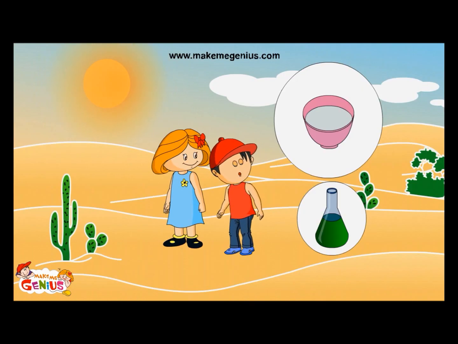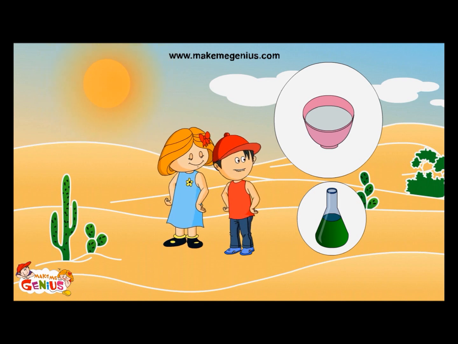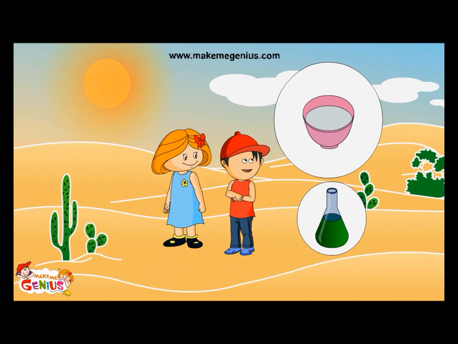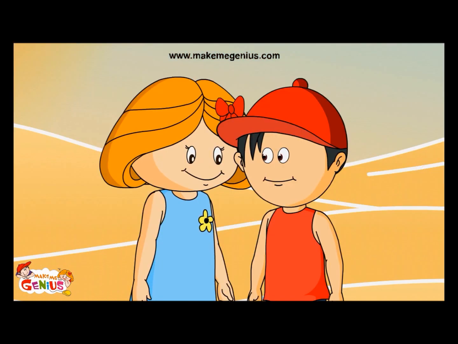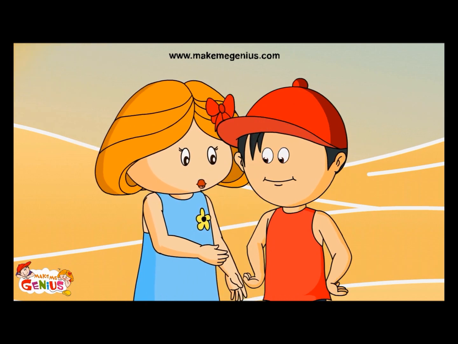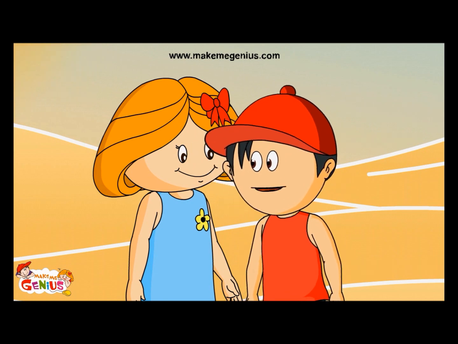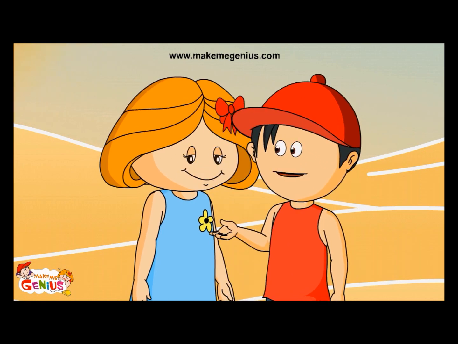Because the bowl has more surface area. Therefore, more sunlight can directly fall on the water. So more water will evaporate. Sweetheart, you're a genius. How do you know all this? I learned it in the States of Matter video on MakeMeGenius.com.